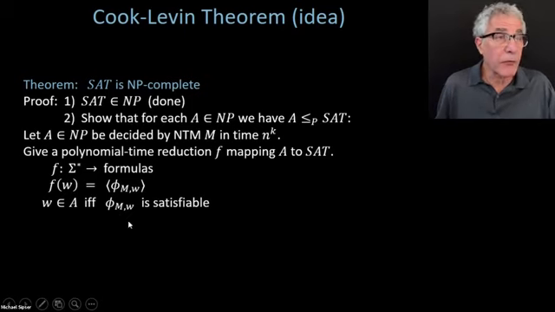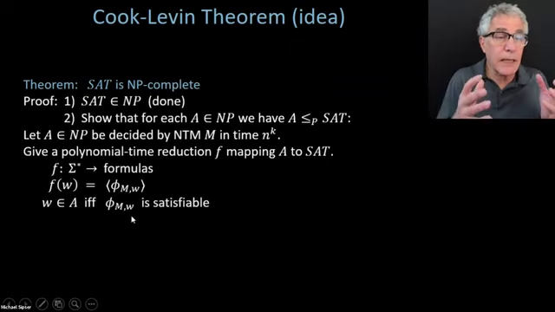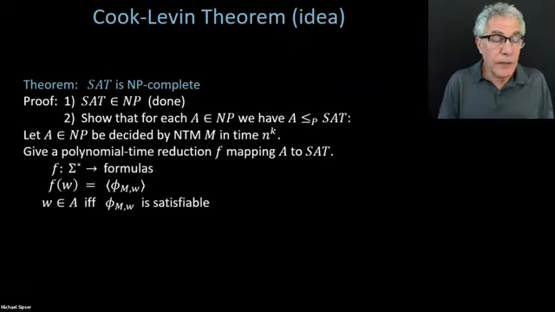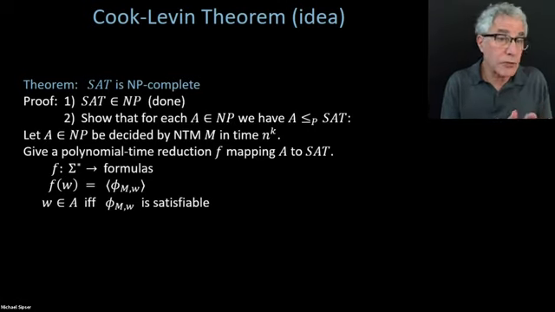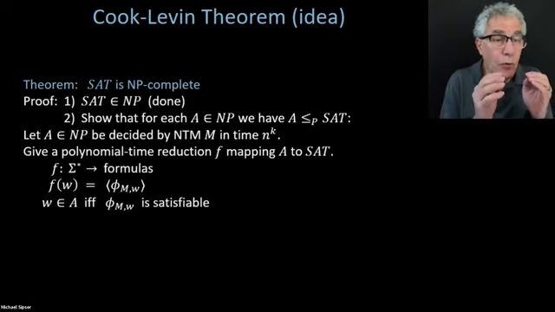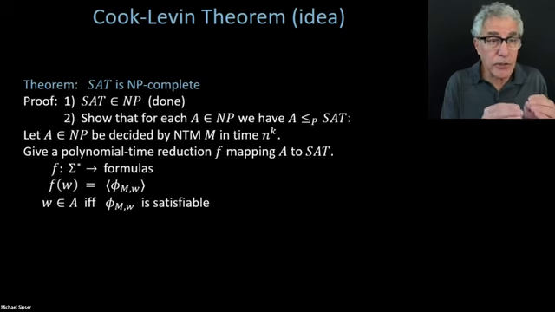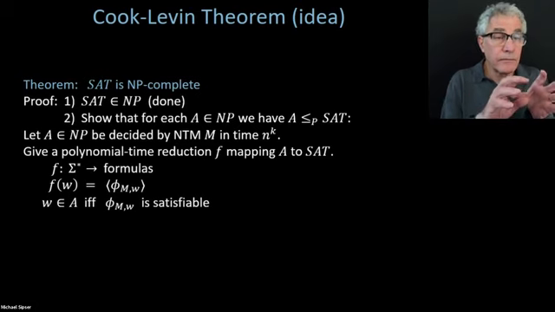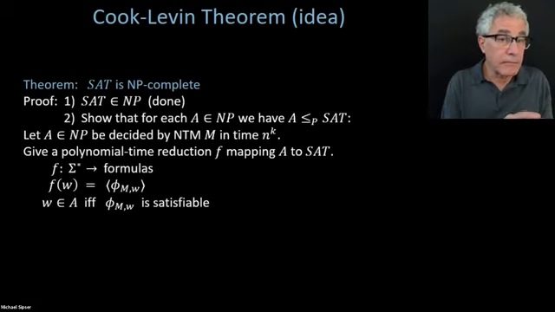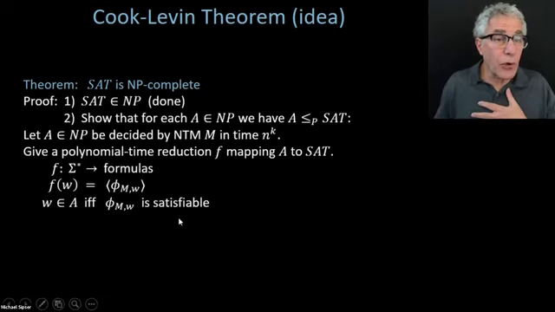So we've seen that kind of thing before. Basically my job is this: we have this language A that's in NP, and now we have some string w, which might be in A or maybe not. And I have to quickly, in polynomial time, produce a formula which is going to be satisfiable exactly when the string w is in A. So how is that formula going to work?